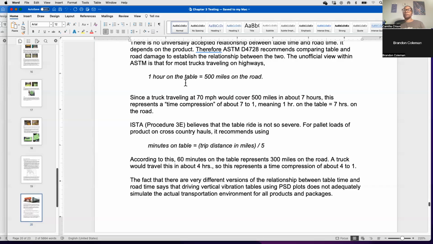But it's going to be really hard to get 500 miles in 7 hours, because most of the manufacturing and the trucks are going to be driving through more densely populated areas. But from a standpoint of true mileage, and what that could translate to from a standpoint of testing on a vibration table, I guess that would be a good guideline.